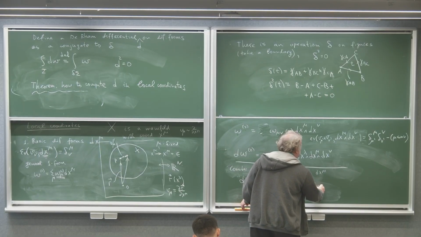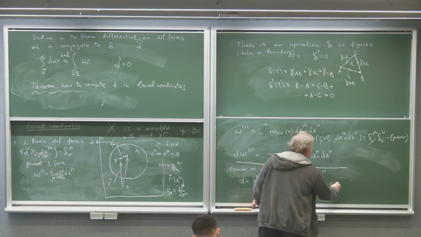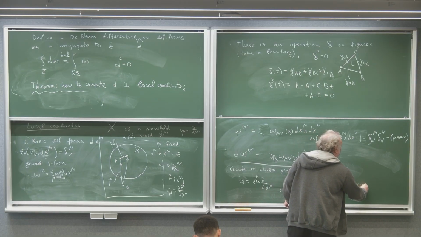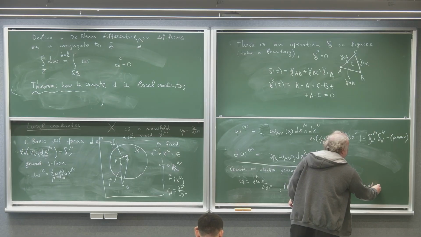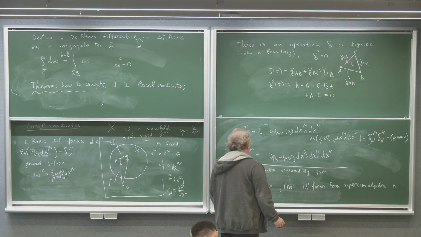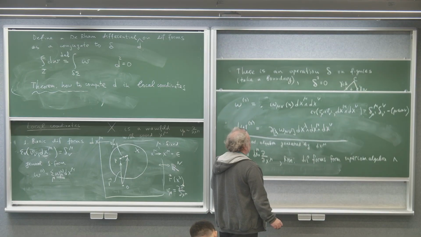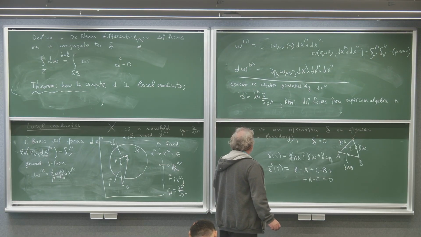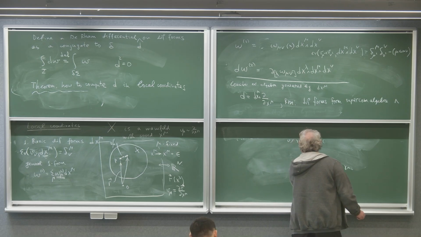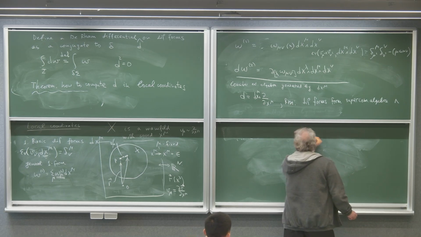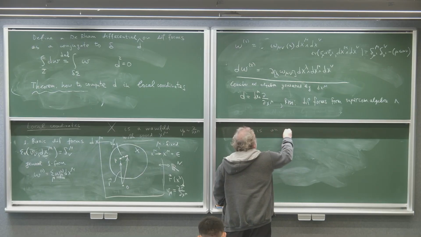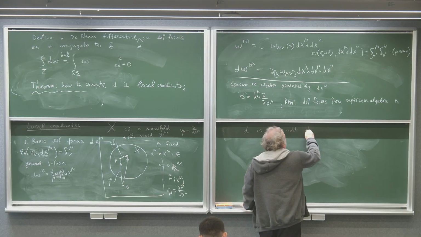Differential forms form a supercommutative algebra, where this is multiplication. And d is an odd derivative.